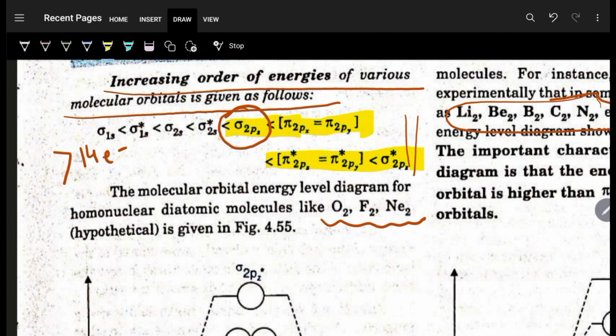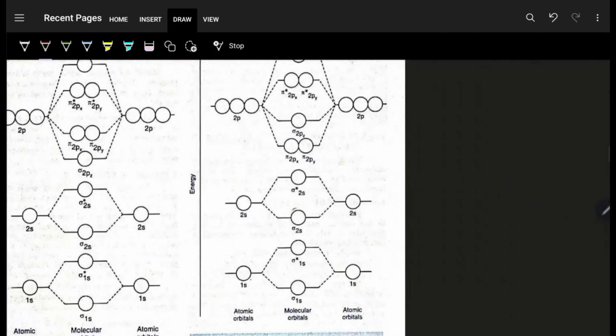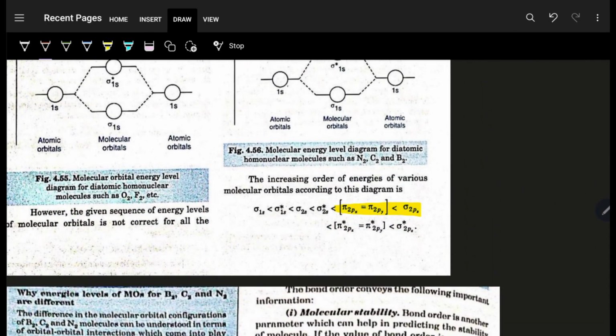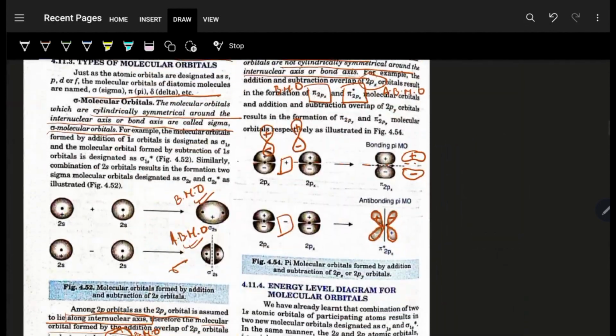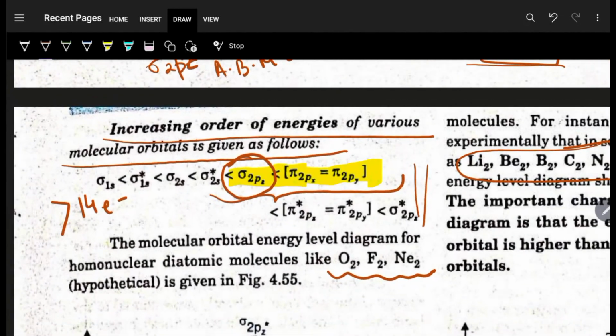This is greater than 14 electrons. So this is the difference which you are seeing: sigma 2pz is less than pi 2px equal to pi 2py for less than 14 electrons, and for greater than 14 electrons it is this. For 14 electrons or fewer, there is a swap over here.